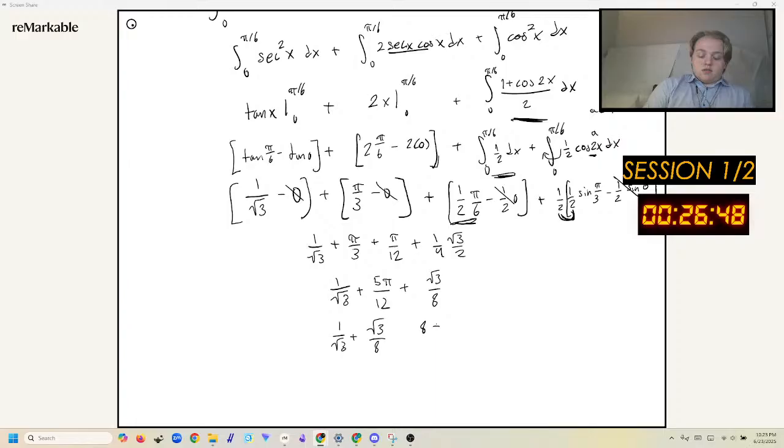So 8 plus 3 over 8 square root 3, which is just 11 over 8 square root 3, plus, don't forget our third term, 5 pi over 12. And let's just go ahead and make it into a superfraction and combine all of it.